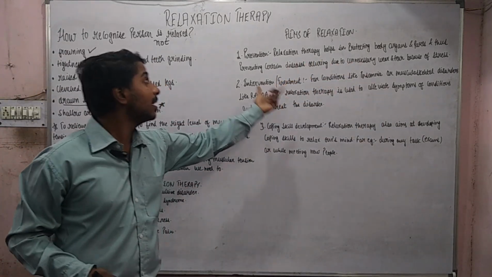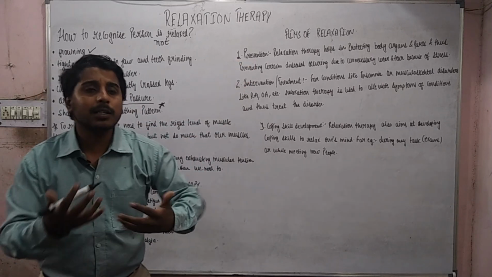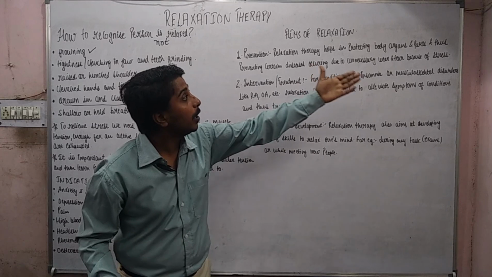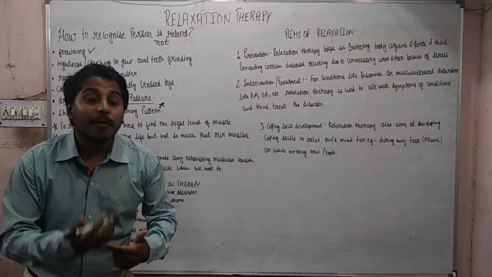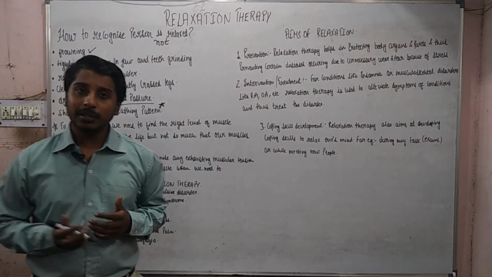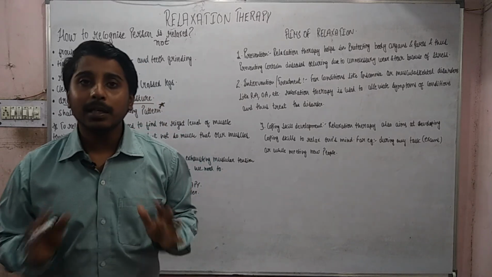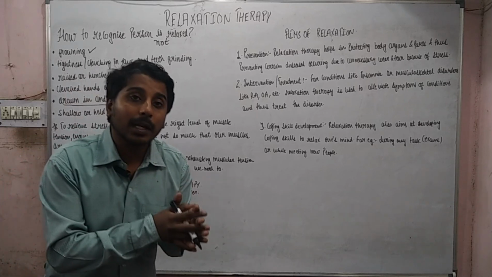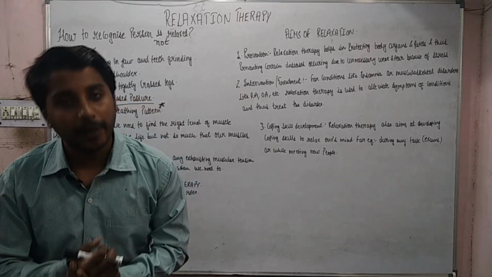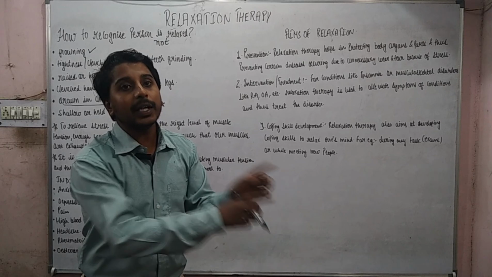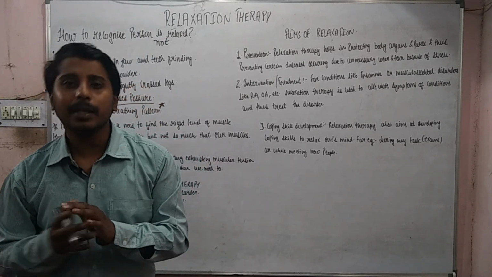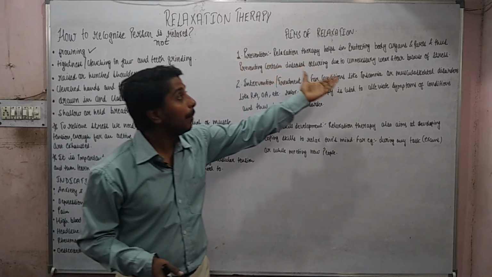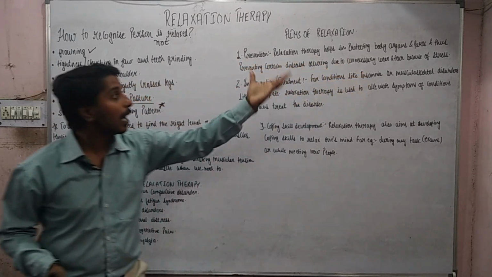Prevention as well as treatment. In prevention, what does it mean? Relaxation therapy helps in protecting the body organs and parts. Whenever we practice relaxation therapy, our body gets relaxed, that is our organs are relaxed, and it protects our body organs from the ill effect of stress, which can cause wear and tear of organs and further lead to disease.